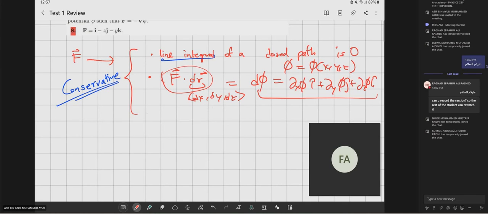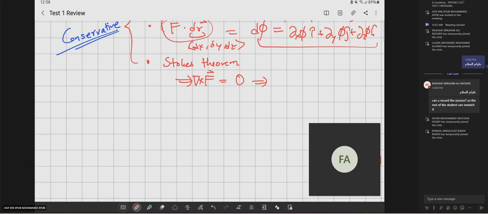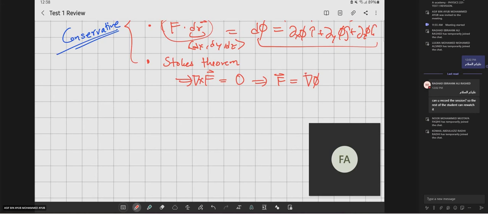Okay, so the third condition comes from Stokes' theorem. And this basically tells you that if curl of f is 0, then you're guaranteed to find a function phi such that the gradient of phi gives you f.